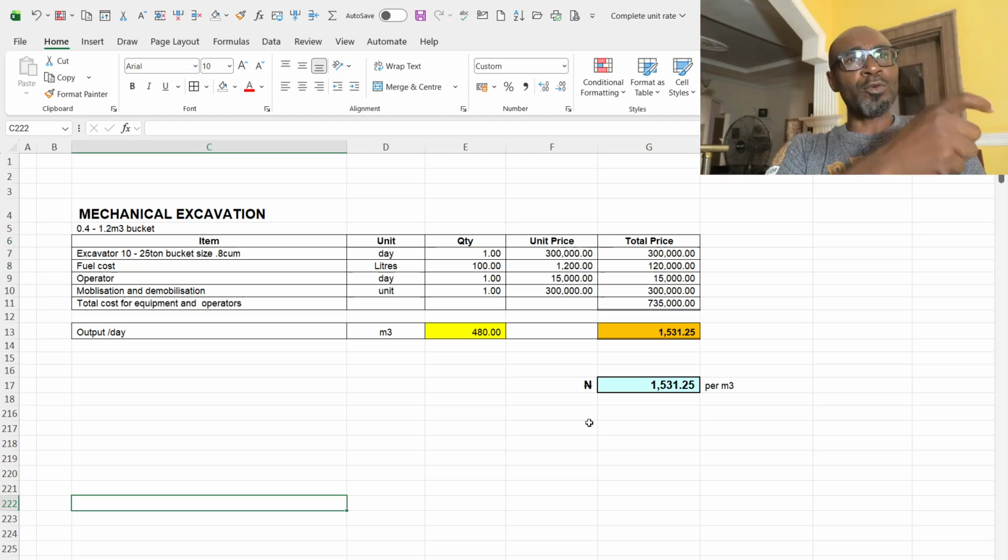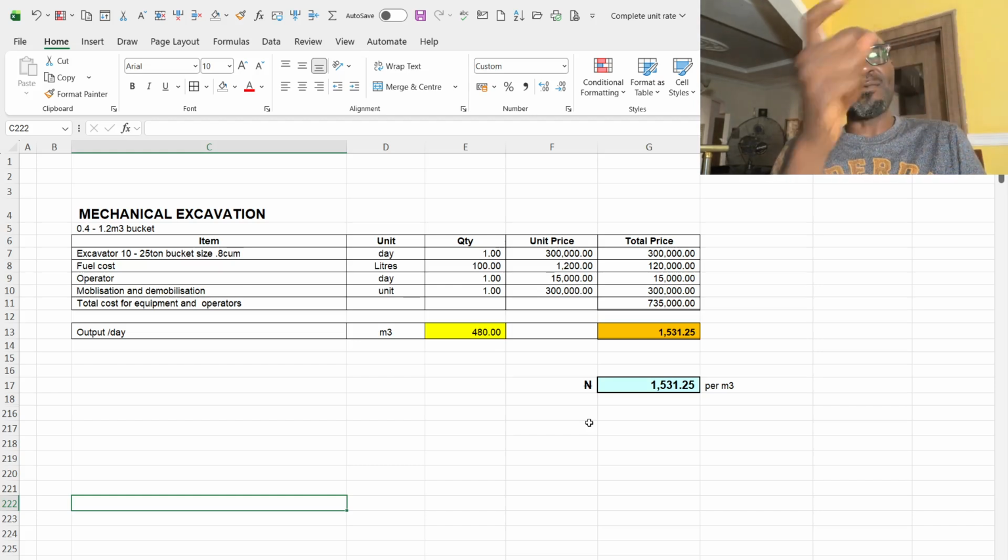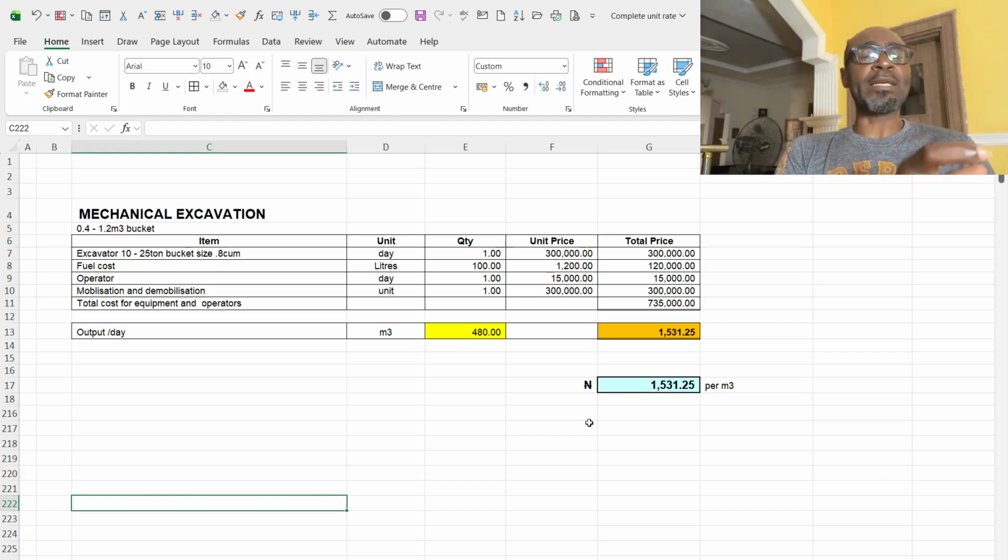They are also categorized as small, medium, semi-heavy, and heavy duty. But this time around, we are going to be looking at the semi-heavy duty, which is between 10 and 25 tons.